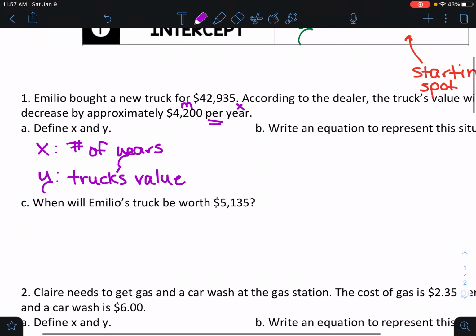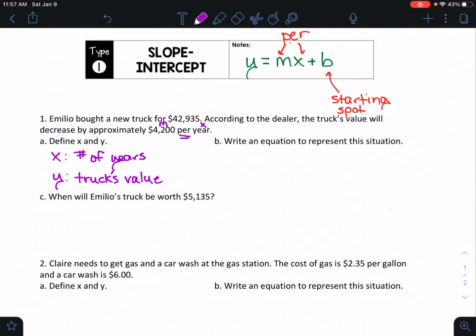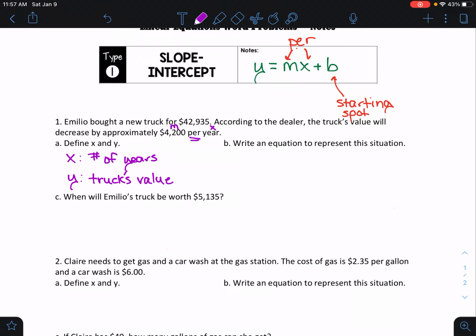Okay, so let's write an equation. Now remember, b is your starting spot. m we've already identified by finding that word per. And so I should be able to write my equation. Y equals m is 4,200, x, and then my starting spot, the truck was worth $42,935 when we started.